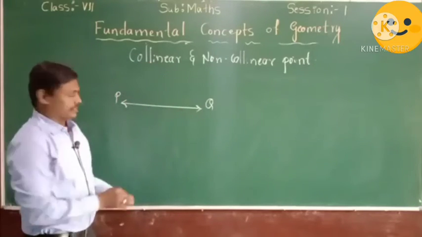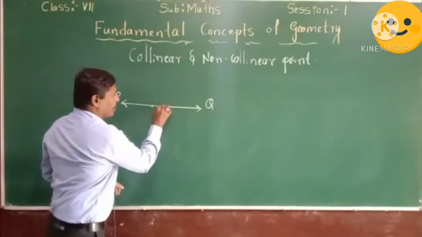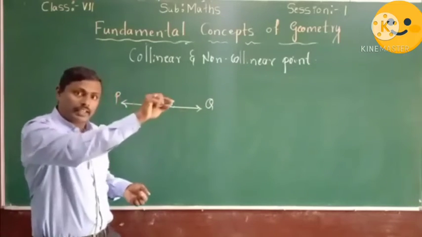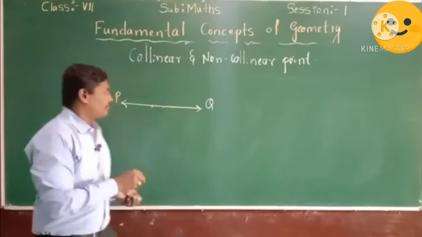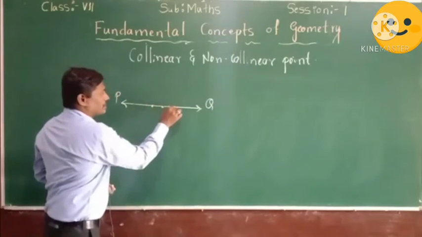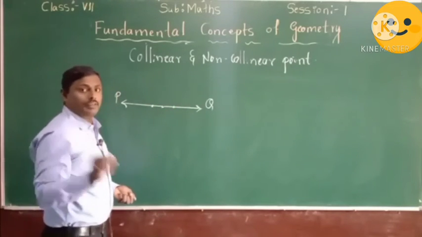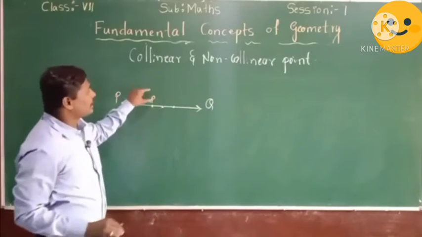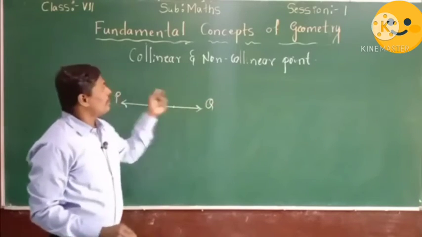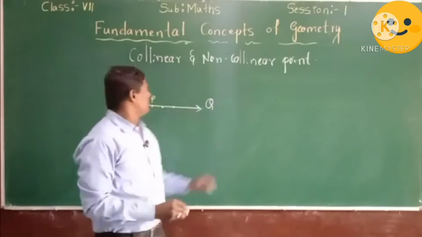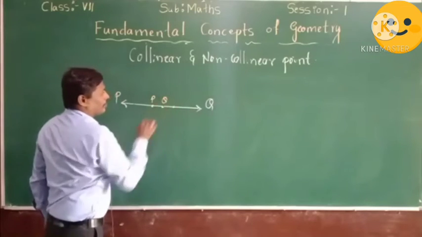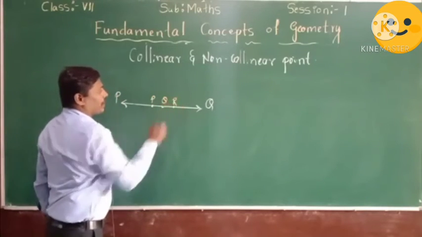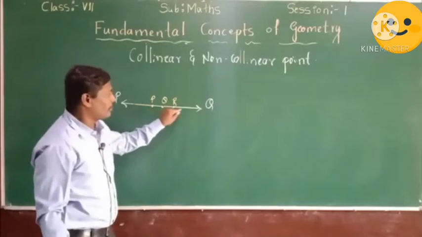Collinear points mean three or more points lying in a straight line. If three or more points lie in a straight line, then those points are called collinear points. Here points P, Q and R are in the form of a straight line.